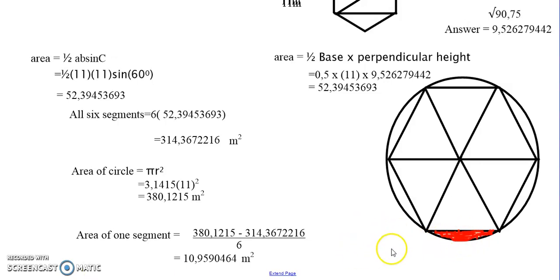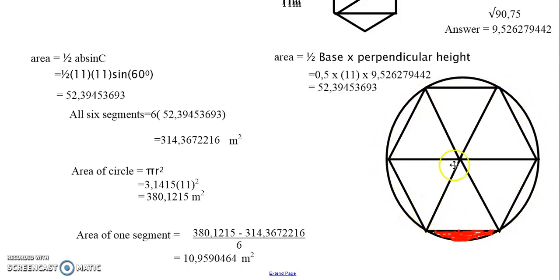The word that was used in the assignment referred to a sector. So a sector is normally this whole part as indicated by the movement of the cursor. Right? When I talk about a segment, a chord divides the circle in a minor segment and a major segment.